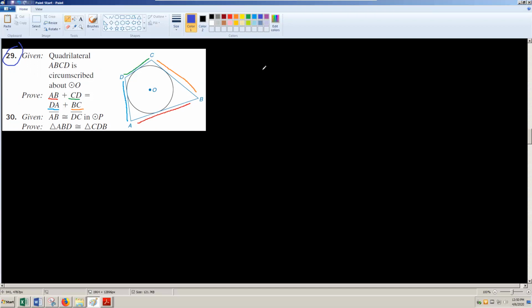As we're looking at this one, we've got some points that are tangent here. We're going to want to label all these points. So the first thing I would do is I have point of tangency, point of tangency, point of tangency, point of tangency. So I'm going to label all these things.